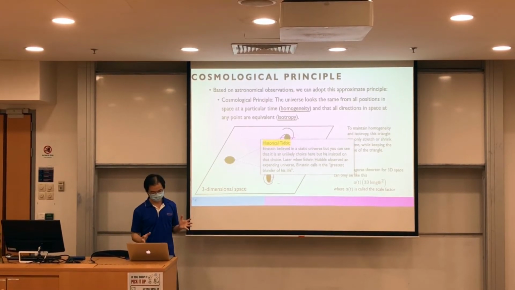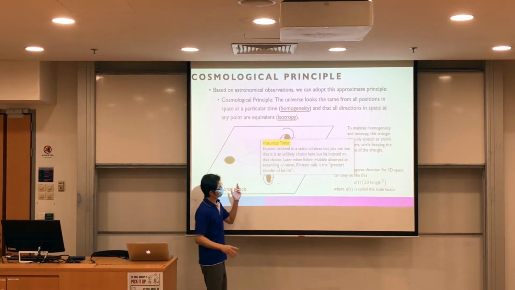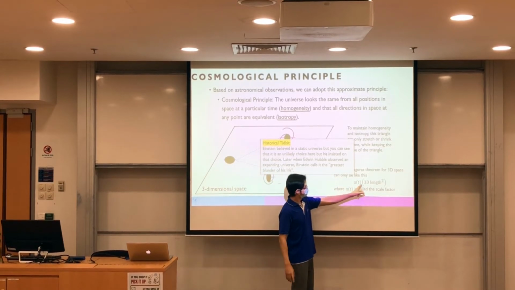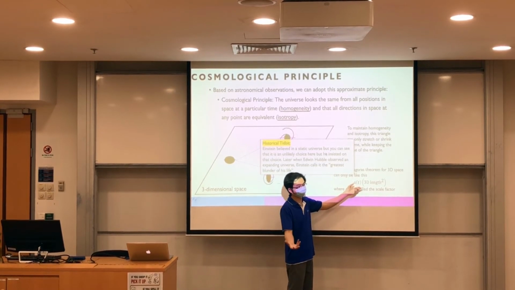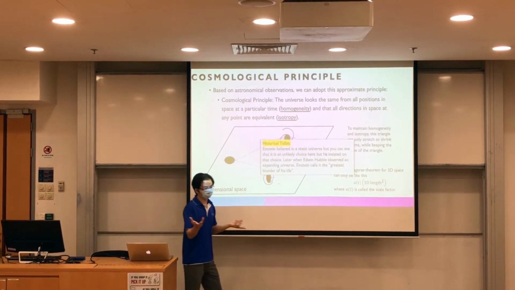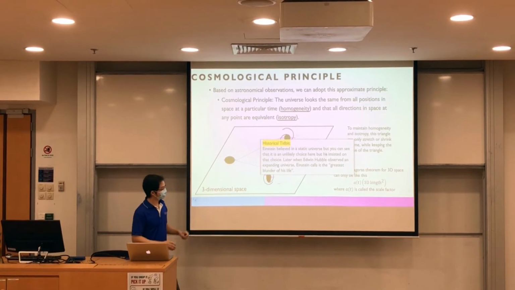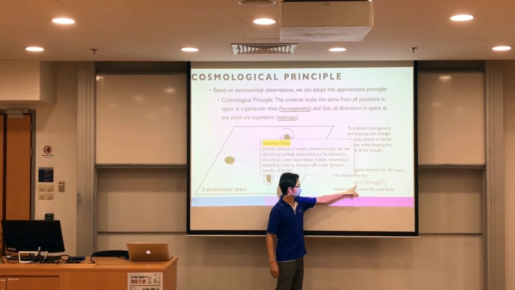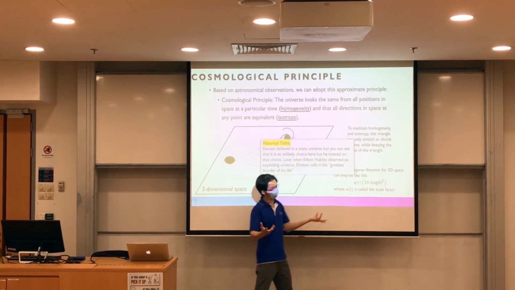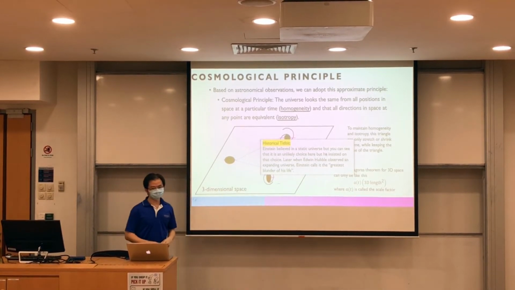Of course, you can have a frozen, static universe where the scale factor doesn't change. It's constant, sure. But obviously that is an unlikely choice, because if the scale factor is a function of time and can change, then A being a constant is an unlikely choice.